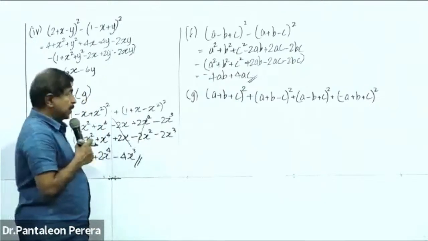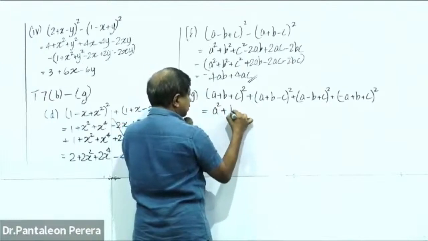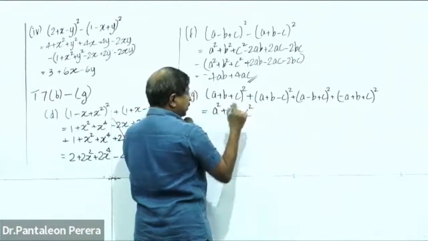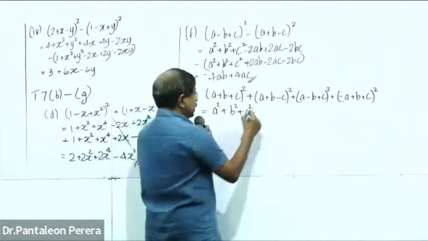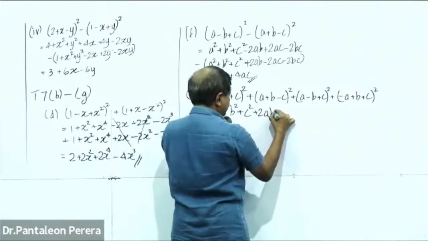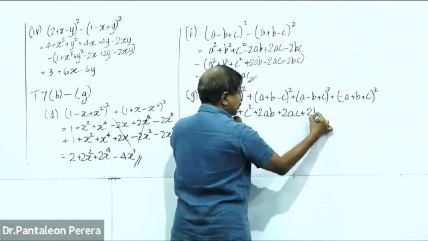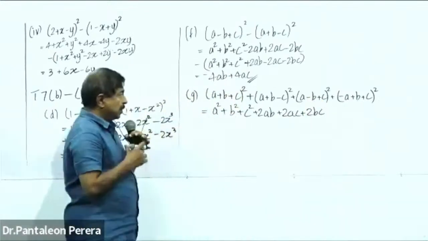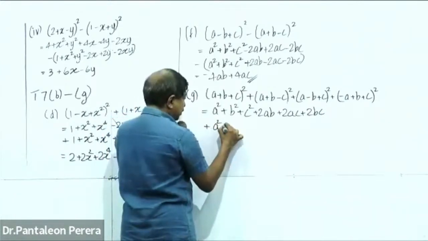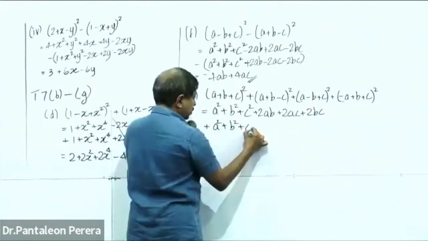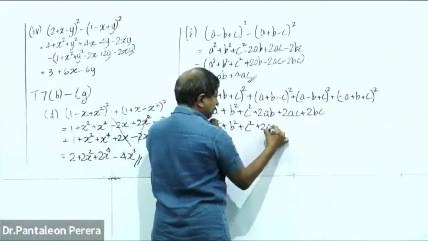Now the last one. You can expand the first. a squared plus b squared plus c squared. Then close C, you have 2ab. Close B, you get 2ac. And finally 2bc. Now go for this. So you have to add these. After that, when you close minus C, you have 2ab.